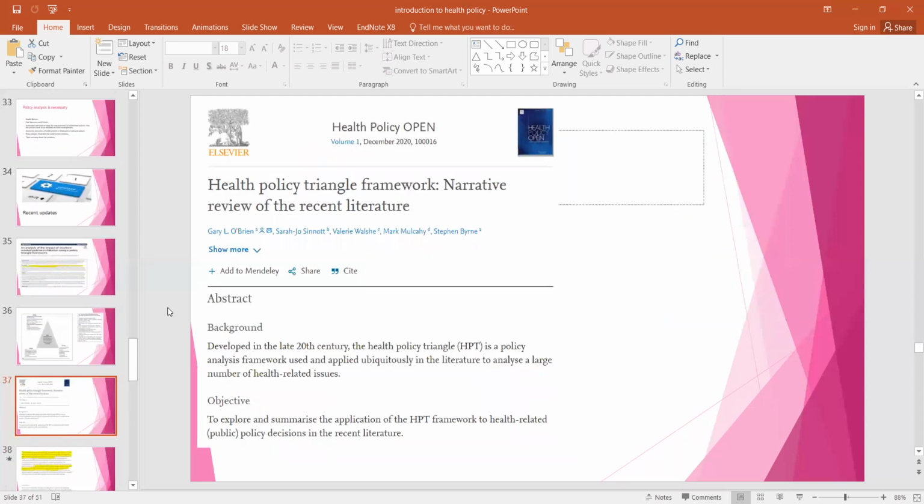This is another study conducted using the health policy triangle framework. It is basically a 5-year review, since the SDGs, to explore and summarize the application of the health policy triangle framework to health related policy decisions in the recent literature.